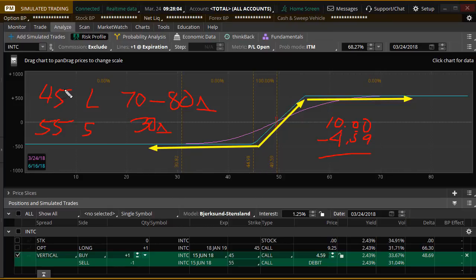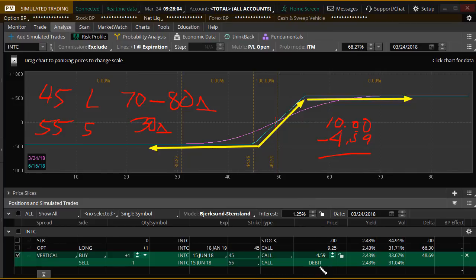So in that situation, what's your maximum risk on this trade? If you have a right to buy it at 45, you've given someone the right to buy it from you at 55, you collected a premium on this. What's the maximum risk on a long call? What you paid to get into it.